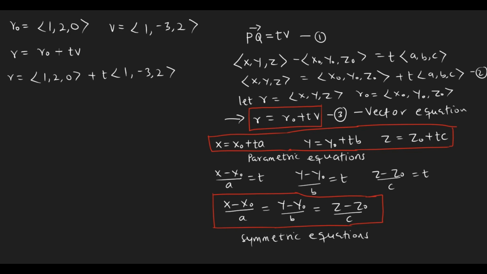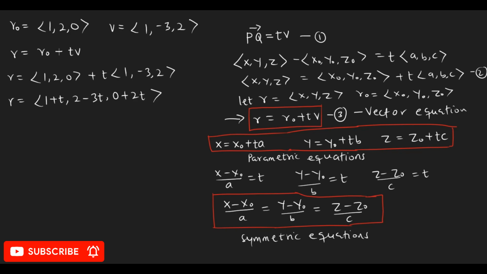So we can further simplify this vector equation here. This will give us R equal to (1 + t, 2 - 3t, 0 + 2t).